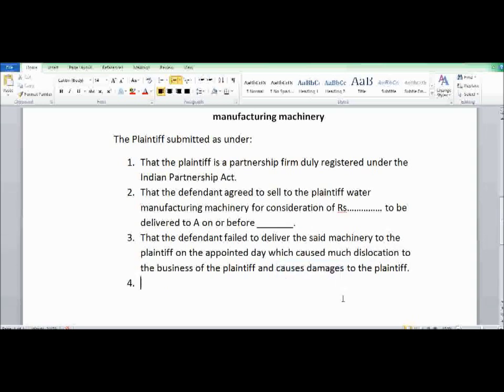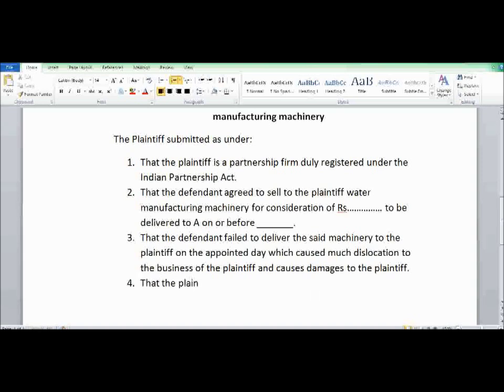So now what we will do is make a clear image of our client, that is the plaintiff, that he has agreed on his part to complete the contract, but it is all due to B, that is the defendant, who had failed to fulfill the contract. So in the fourth point we will write that the plaintiff has agreed and is willing to complete the contract on his part, that is giving consideration to the defendant. So let us start with that.